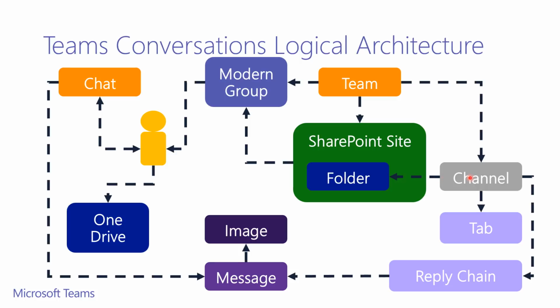The channels themselves have the capability of mapping to these folders in SharePoint, thus allowing us to have containers for storage of files that we share within the team. But the channels also have the capability of providing a chat mechanism, allowing us to utilize a reply chain mechanism to be able to track threaded conversations within that channel. Also, within a channel, we have the capability of interacting with tabs, which give us some extended capabilities and features within the Teams client.